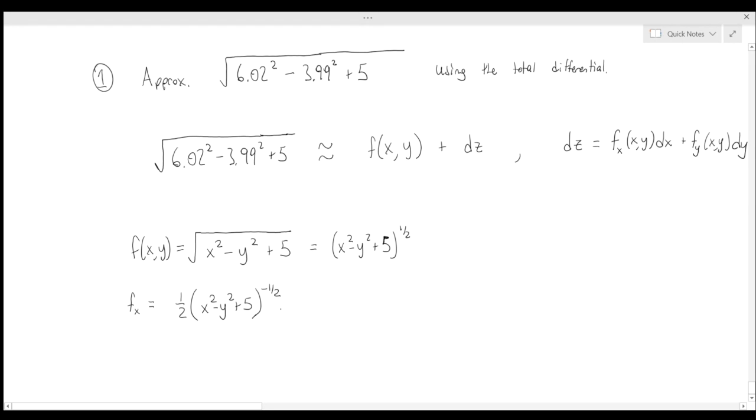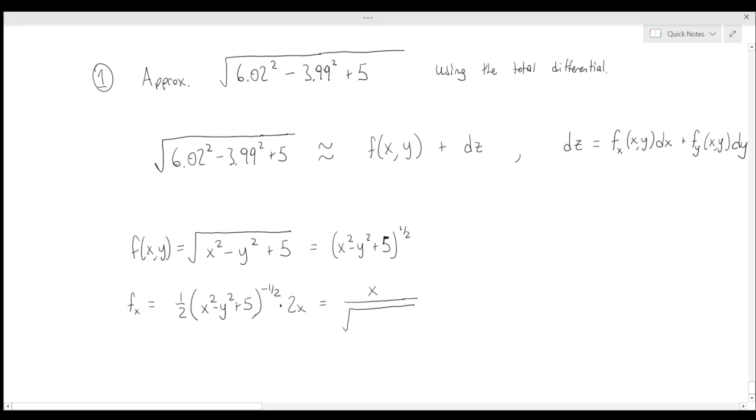Right. But then there's a chain rule where we also need to multiply by the derivative of the inside. And here we're doing the derivative with respect to x. Okay. So the derivative of the inside with respect to x is going to be 2x. All right. And just simplifying, I can cancel the half with the 2. And then here with my negative 1/2 exponent, since it's negative, I'm going to move it to the denominator.